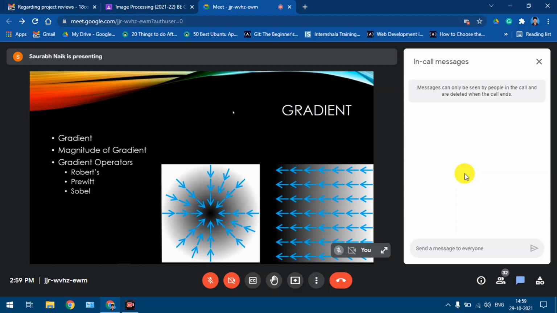Okay, so your gradient vector will always be pointing towards the brightest pixel nearest to it, and you'll be calculating this gradient at every pixel. Now, how do we calculate this magnitude? Normally when we have vectors, we want to calculate the magnitude of the vector, and we have different forms of this calculation.